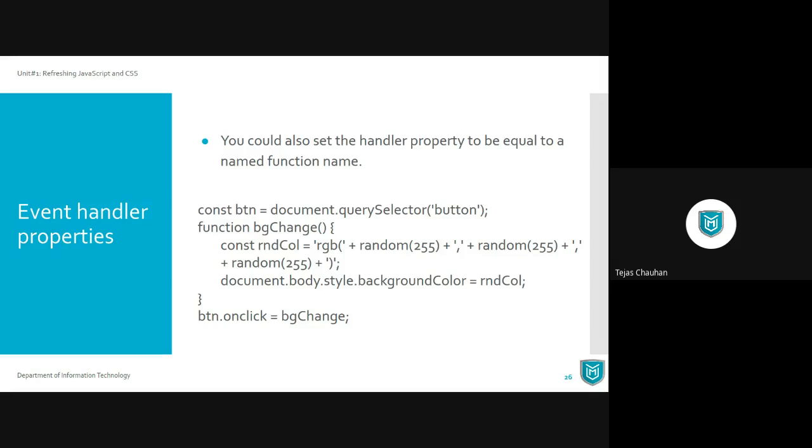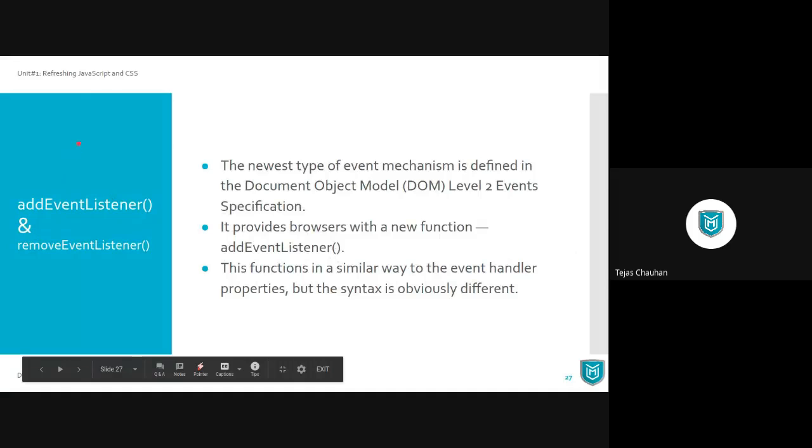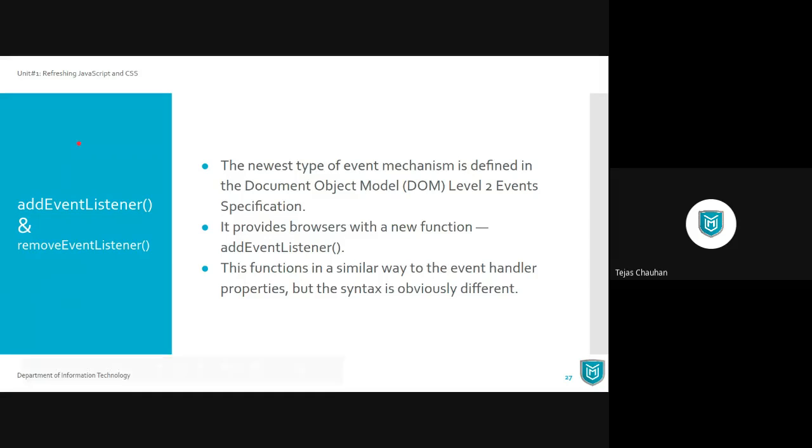And even further, if we go for the newer way of applying event handlers, there are the addEventListener and removeEventListener methods. So the newest type of event handling mechanism is this one, which is defined in the latest version of the Document Object Model specification.